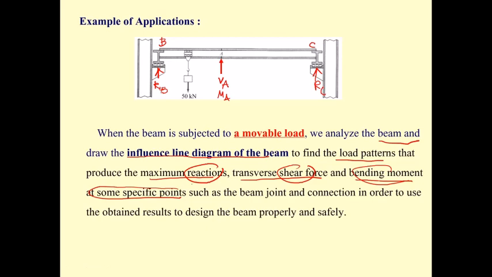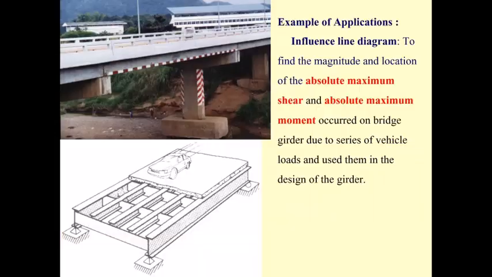And then we can use that to design the beam properly and safely. So this is the importance of the influence line diagram for this crane.